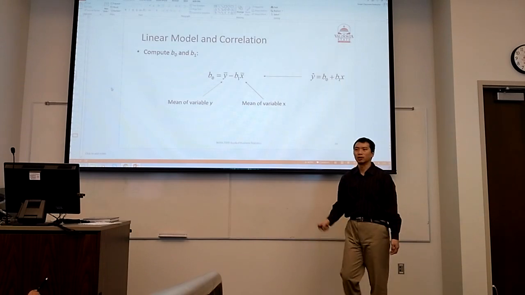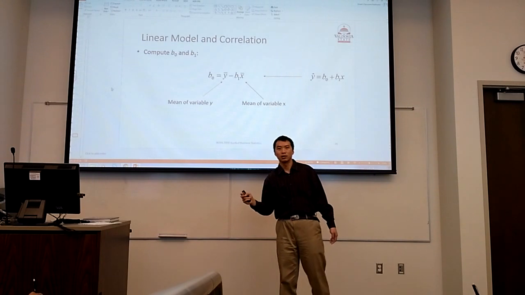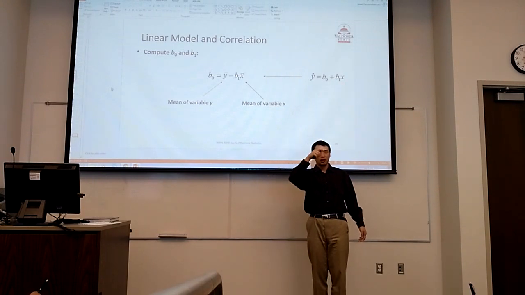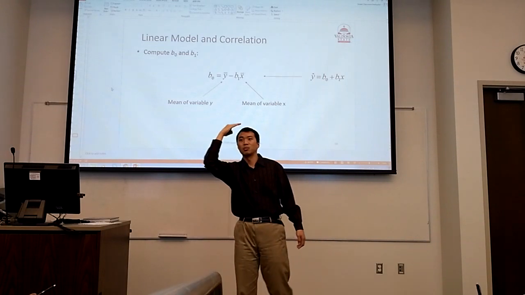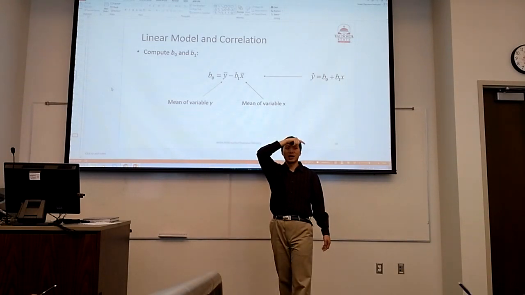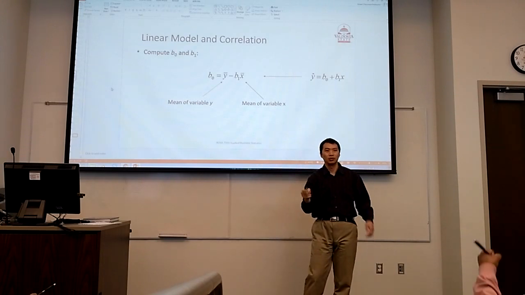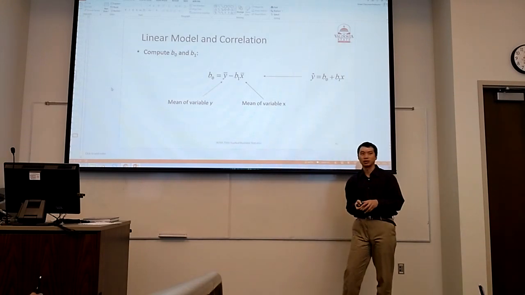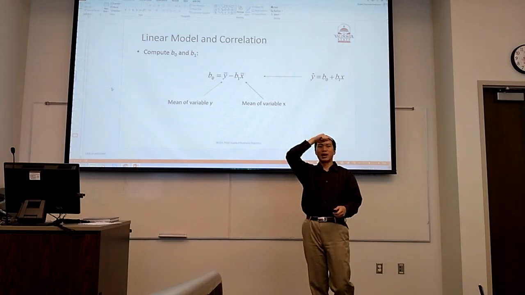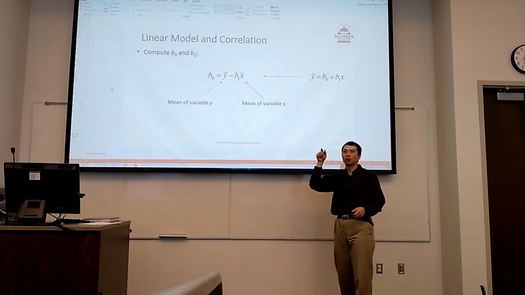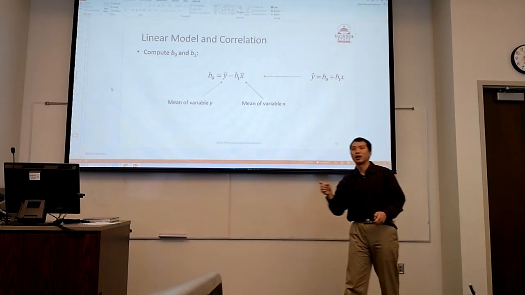What are y bar and x bar? Those are the mean values. If y or x has a bar, it means it's a mean value. If it has a hat, that means it's an estimated value. Do not confuse those two things.